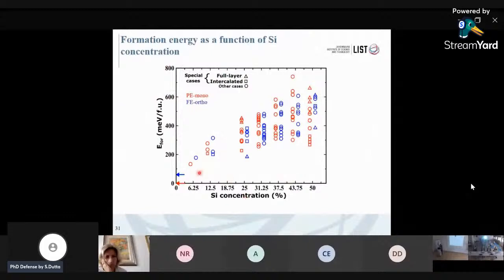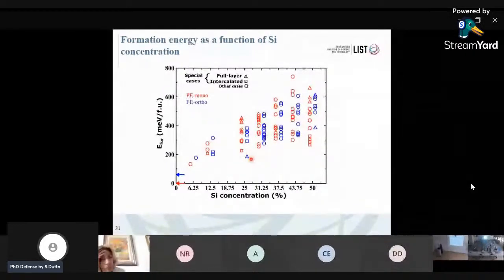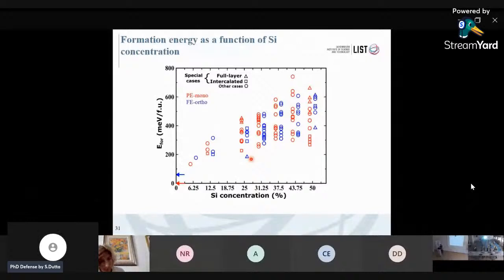I'm more interested in exploring this system, so let me explain that a little bit. Here, as you can see, especially at 12.5% and 25%, we see the situation where the ferroelectric state is more stable than the paraelectric state.